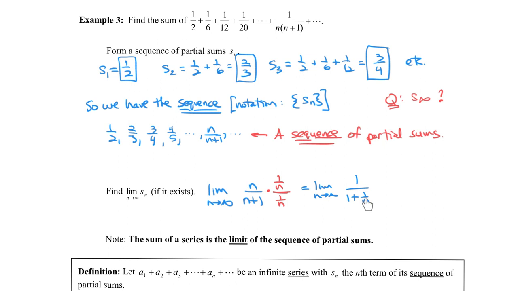We could make it so small that it doesn't really matter. So the limiting value of this is exactly 1. Meaning, by making n large enough, we can make this as close to 1 as we want to. And it turns out that this 1 is the sum of the original series.